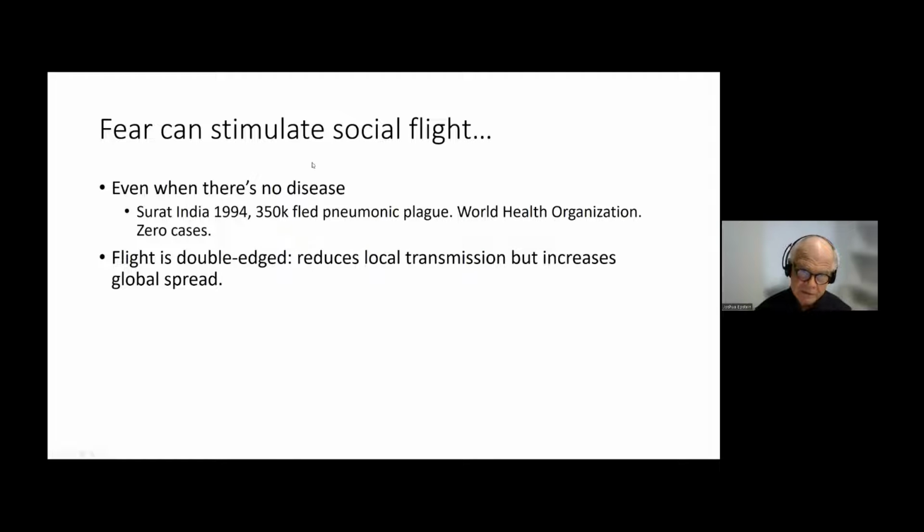Anyway, fear stimulates flight, sometimes when there isn't even any disease. In Surat, India, hundreds of thousands of people fled pneumonic plague, and the World Health Organization was not able to detect any cases. They'd had a previous real plague.